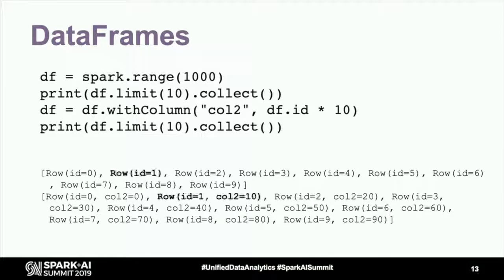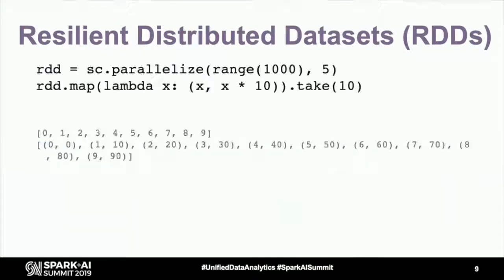And the way DataFrames work is you'll notice, when I printed out the output from those print statements, it says row ID equals 0, and then row ID equals 1, and column 2 is equal to 10. All that is really communicating to you is that there is this row object, which has special properties, which we'll talk about in a moment, that is now materialized. And obviously that differs from RDDs, which are just the raw objects.